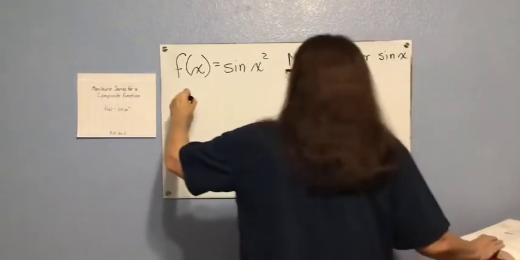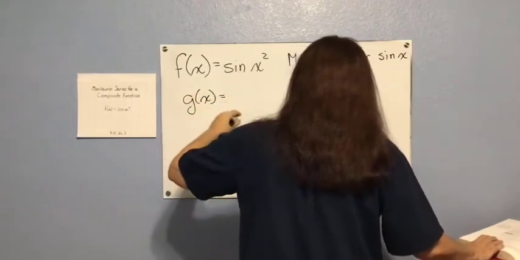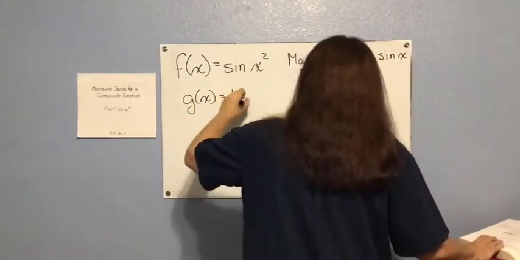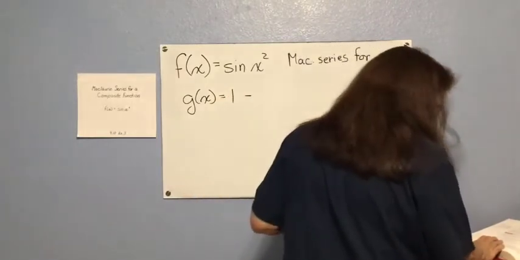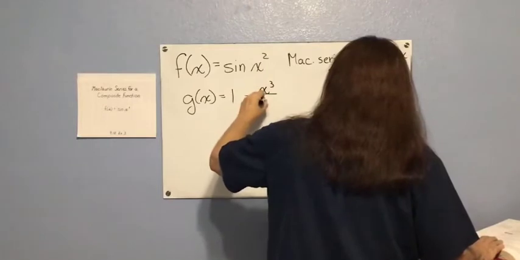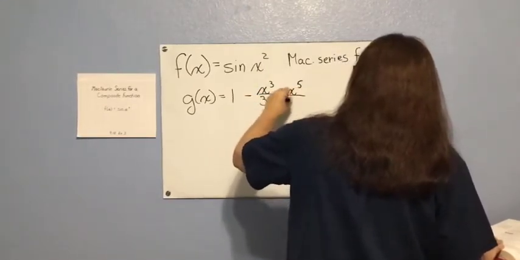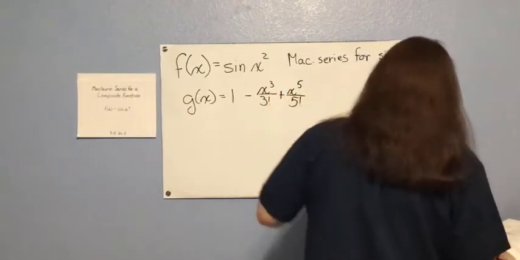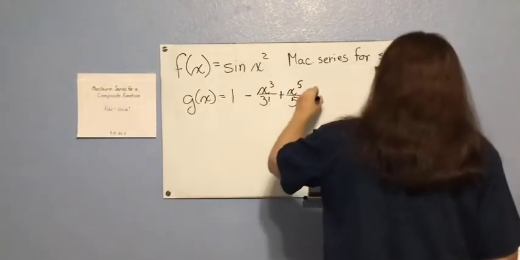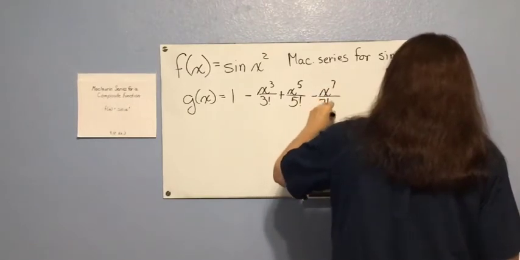We're going to call this g of x, which is equal to x minus x cubed over 3 factorial plus x to the 5th over 5 factorial minus x to the 7th over 7 factorial.